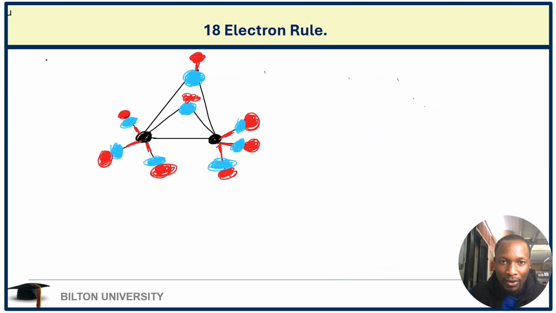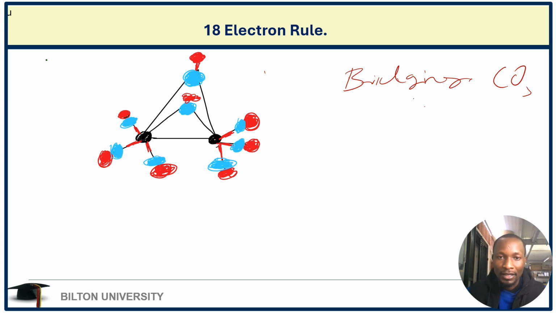In this case, we are going to look at the bridging carbonyls. We know that a carbonyl contributes 2 electrons. So if one carbonyl is bonded to 2 different metals, and these metals are also bonded together, remember, carbonyl is an L type and contributes 2 electrons.